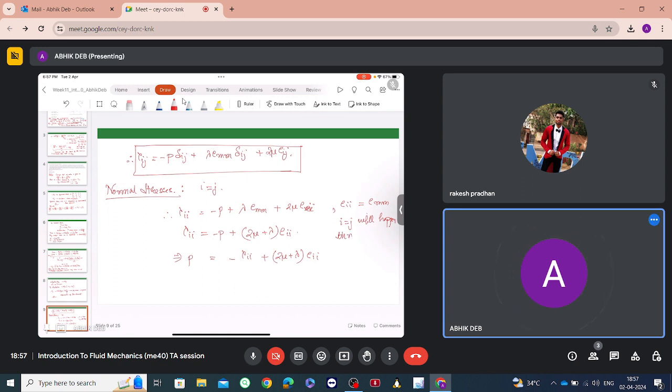That is, i equals j is equal to 1, 2 and 3. Okay, therefore for delta ii, if we take the magnitude, it will be just 3. Okay, so minus 3p, and this 3p is equal to minus tau ii plus this. So p is equal to minus tau ii.